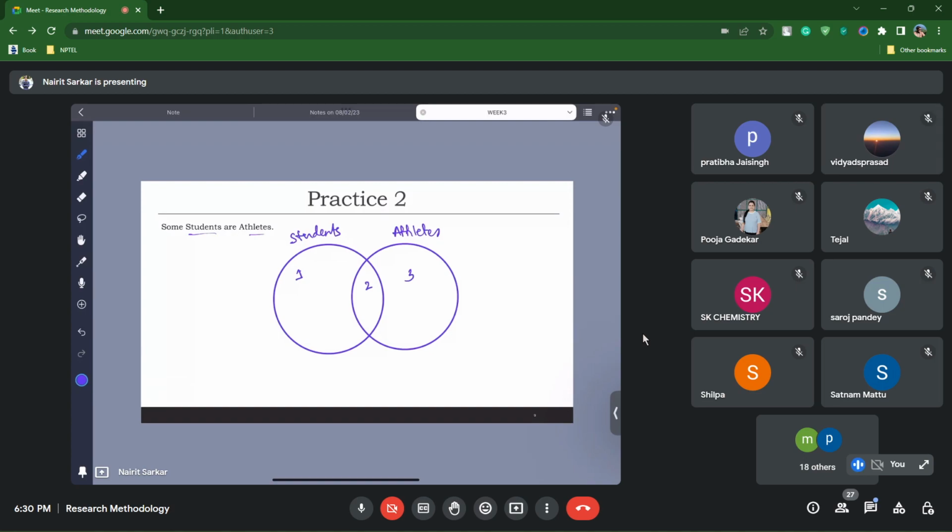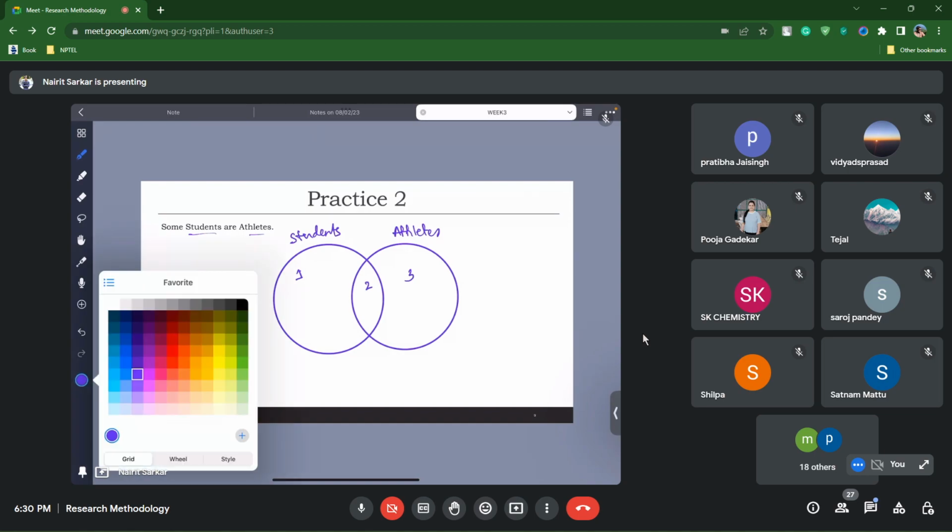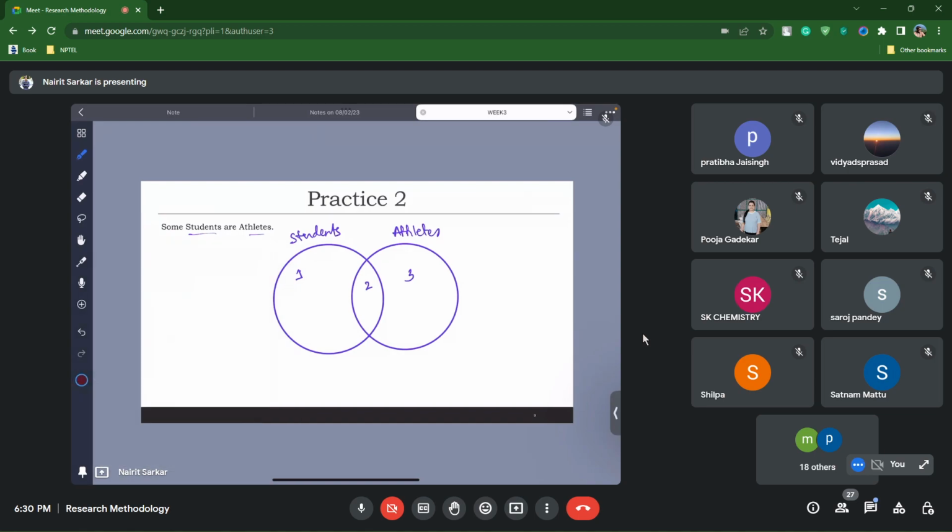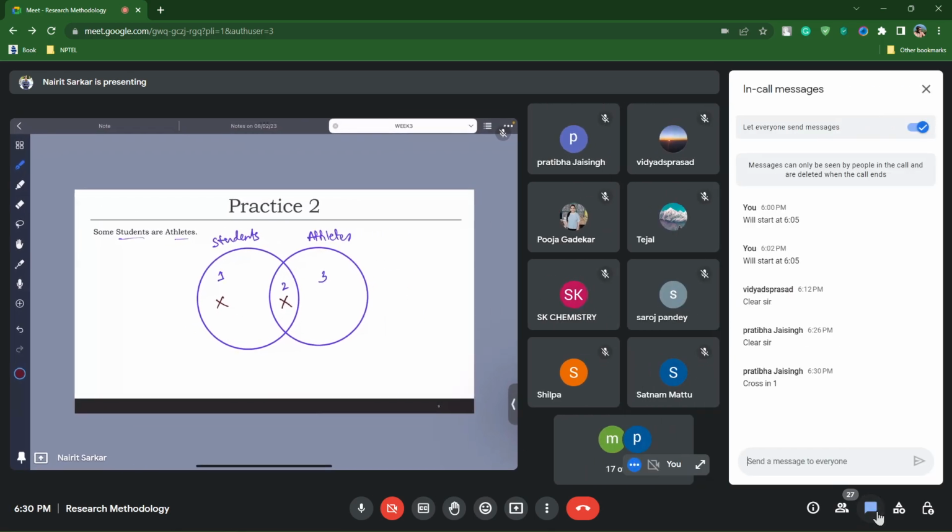So X, right? X here or here, because someone already wrote cross in 1.